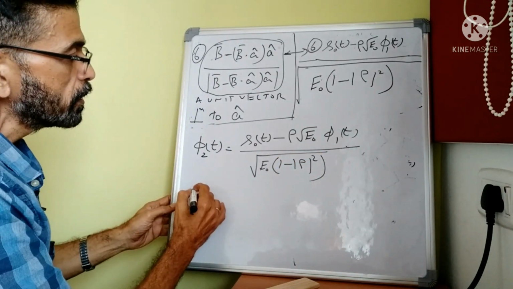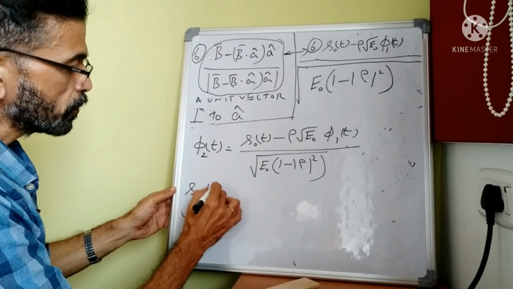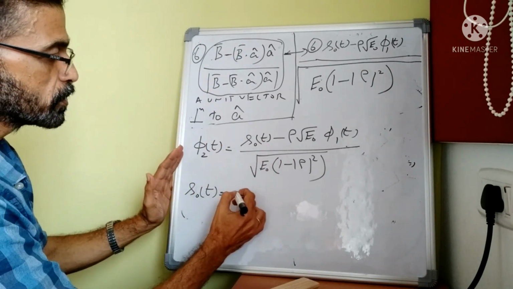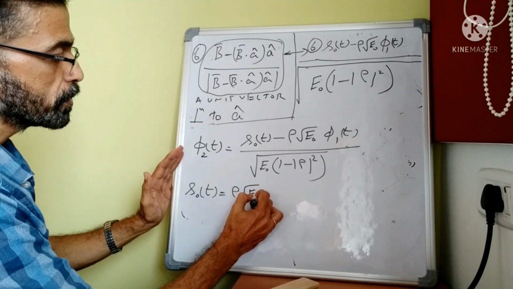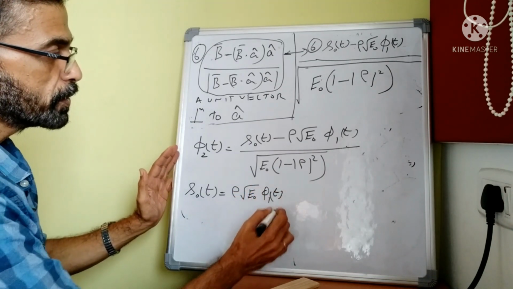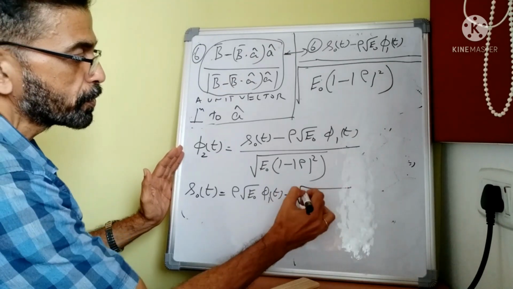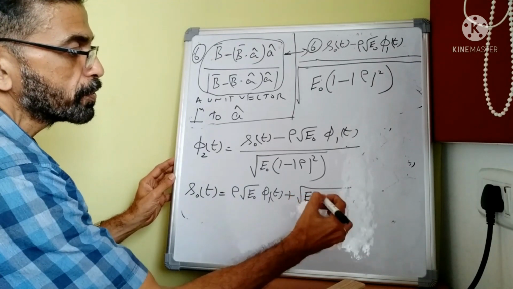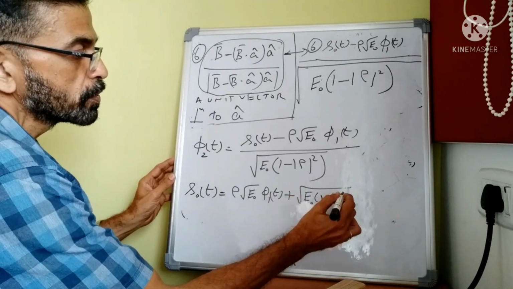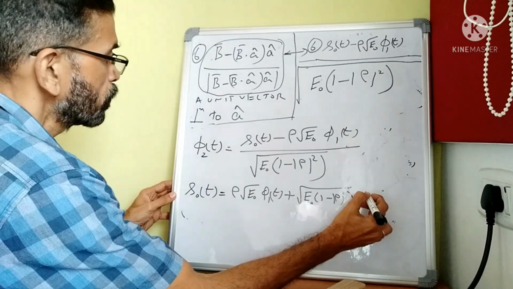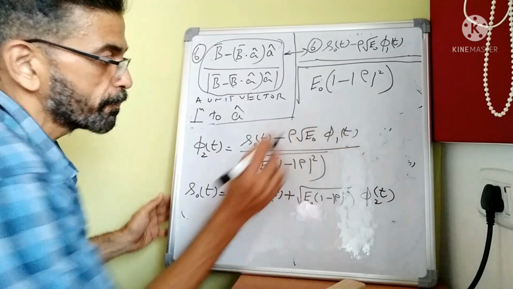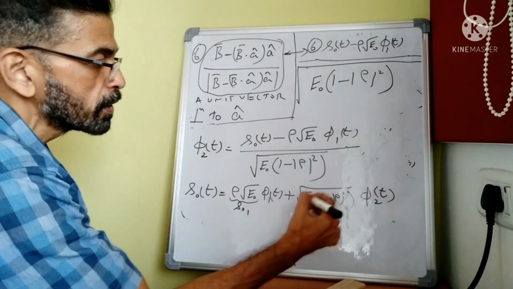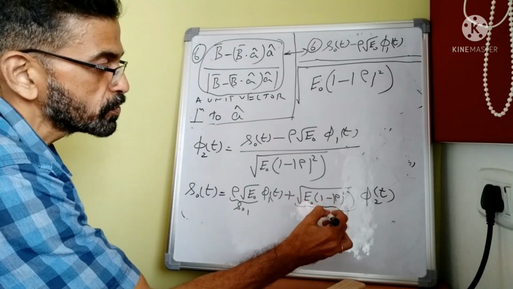And now we can rearrange the terms and write s naught(t) as equal to rho root E naught phi 1(t) plus root E naught times 1 minus rho squared phi 2(t), which means that, as I said earlier, this will be s01 and this will be s02.